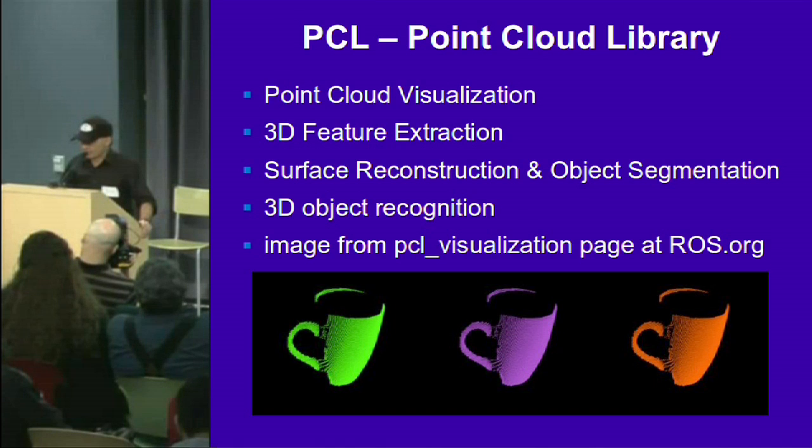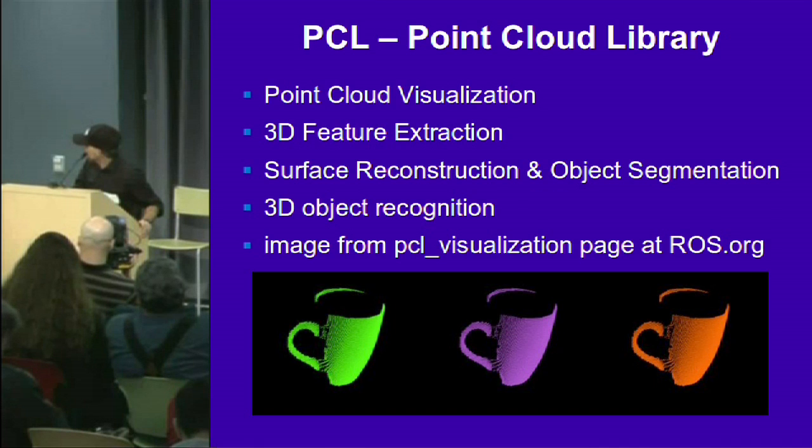For $149, you can have a three-dimensional point cloud, as it's called in ROS, and that simply means that at every or most points in the image you have a number of values, could be RGB values, but also particularly a distance value away from the perspective of the camera.